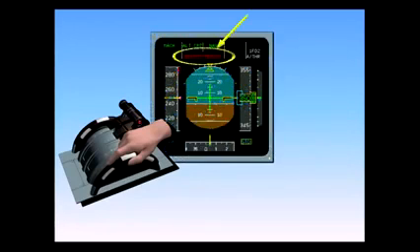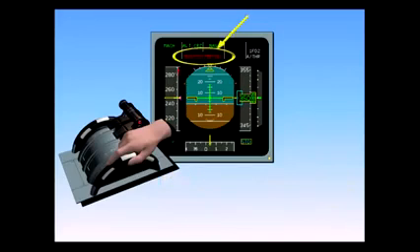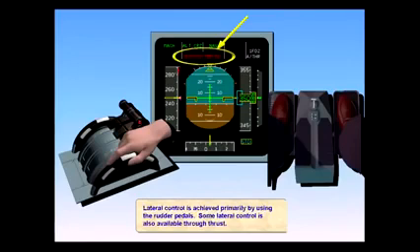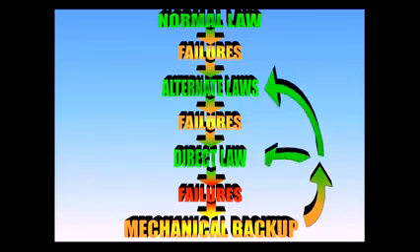In mechanical law, man pitch trim only appears in red on the PFD. Lateral control is achieved primarily by using the rudder pedals. Some lateral control is also available through thrust. In most cases, resetting the flight control computers will allow recovery from mechanical backup to either alternate or direct law, depending on the type of failure.